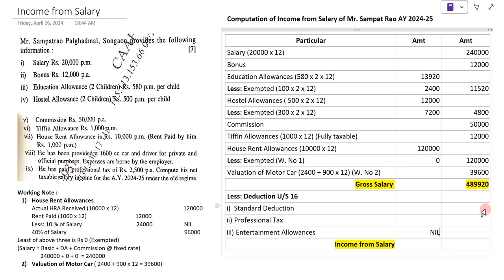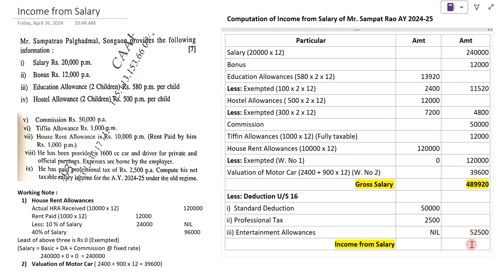Now standard deduction is compulsory, 50,000 rupees, plus the professional tax. Professional tax paid is 2,500 per annum. Now the total deduction, that is 50,000 plus 2,500, we get 52,500.